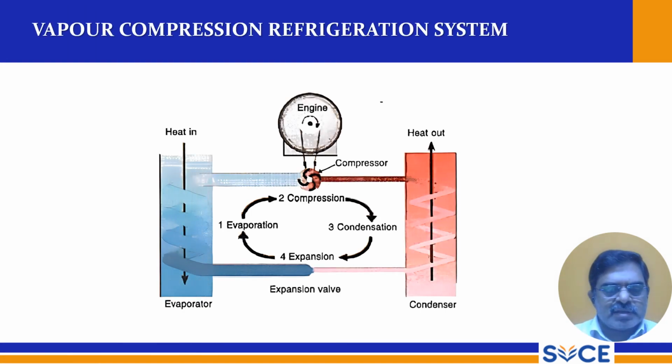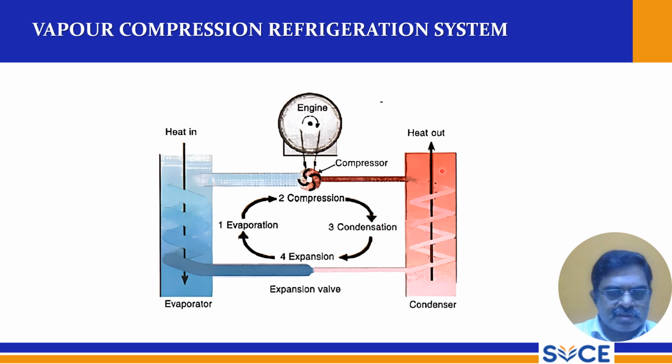So this is a simple diagram. You can see here the four processes happening. This is the compression, happening through the compressor that is driven by a prime mover. It may be an engine or motor or some other device. Then the compression process is followed by the condensation process.